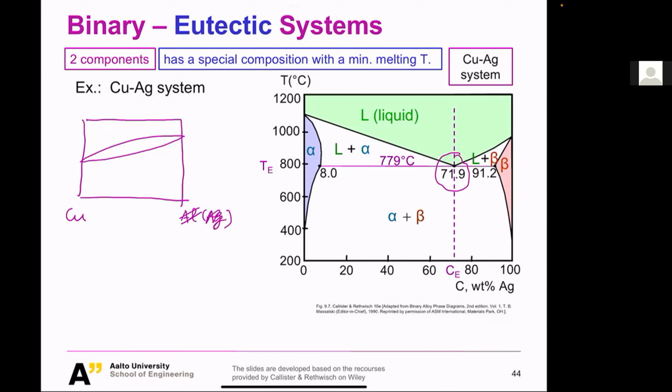This point is the so-called eutectic point, and this temperature is the so-called eutectic temperature. That is the name of this eutectic system. That's why when a system has this kind of eutectic feature, we call it a binary eutectic system. All right, I hope that definition is now clear for all of you.